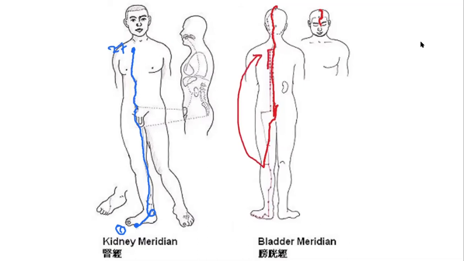A little bit outer part of the original line goes to the buttocks, then down the outside of the legs. There are 67 points. That's the longest. So that's UB1.